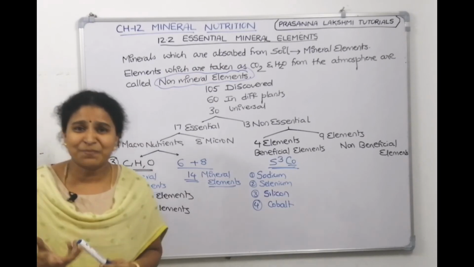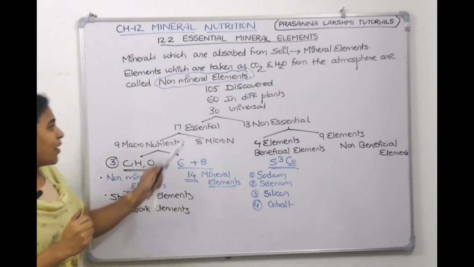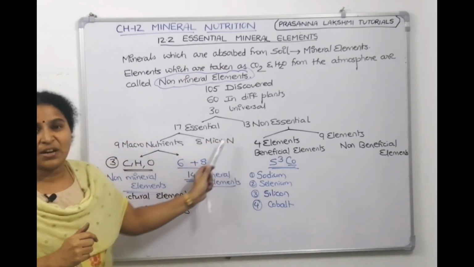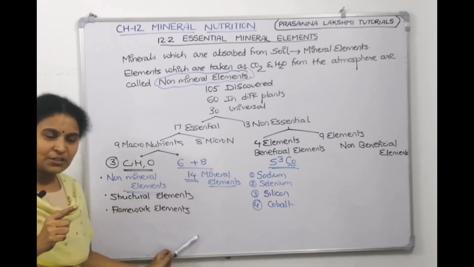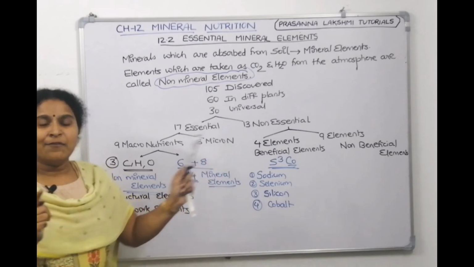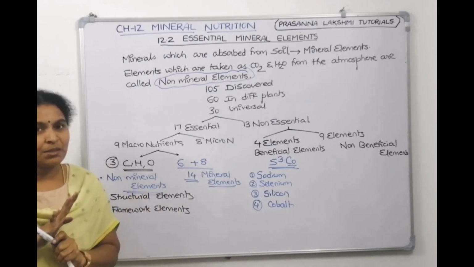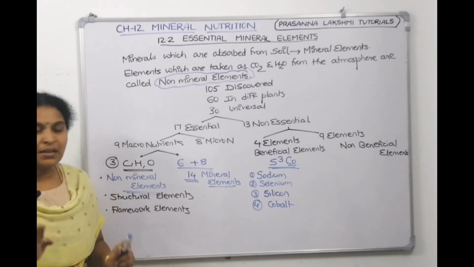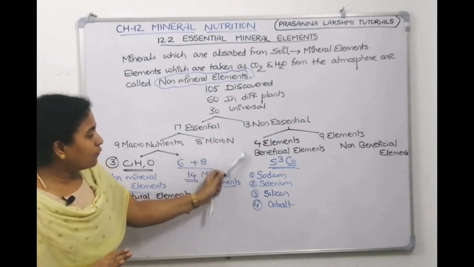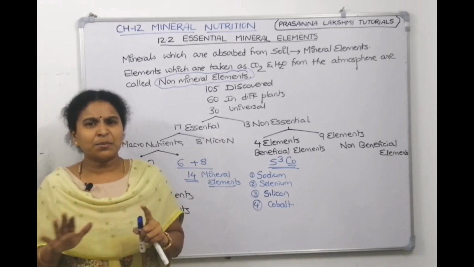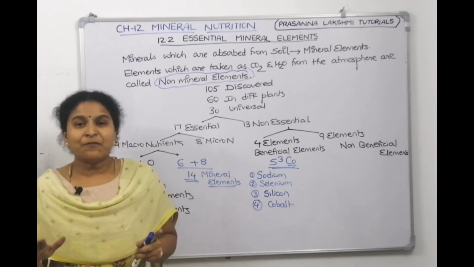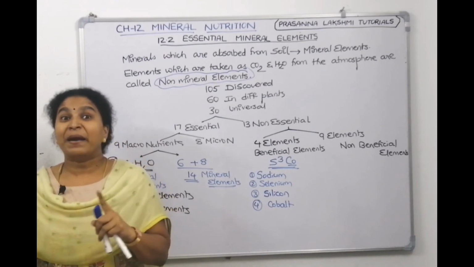Then again, what is this beneficial? You understood what is essential, what is non-essential. Essential means it is required. If you don't give, plant shows deficiency symptoms. Non-essential, if you don't give also, plant will not exhibit any deficiency symptoms. Under this non-essential, 4 are beneficial. If you don't give, plant will not exhibit any deficiency symptom, but if these 4 are there, plant grows better.